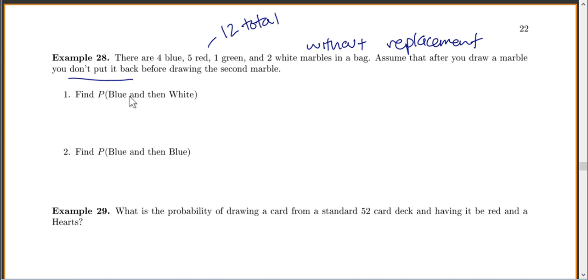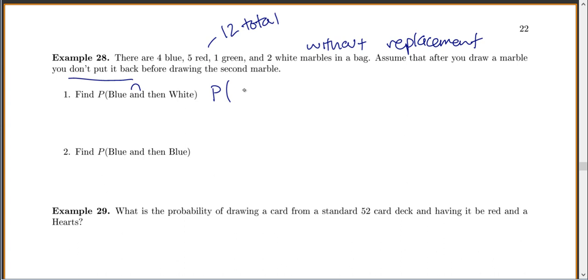So we want to find the probability of blue and then the probability of white. And really means intersection. But sometimes when I'm doing these, it's easier for me to think in words than in upside down U's. So probability of getting a blue and then getting a white. So we're looking for the probability of an intersection.